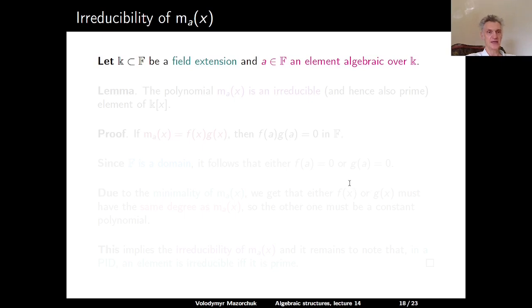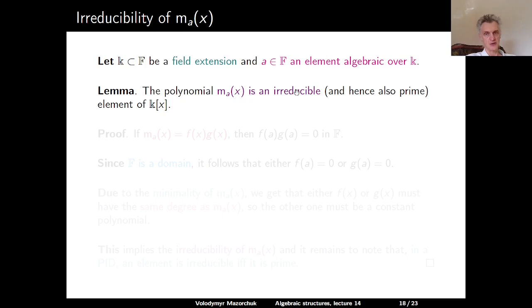So let k inside F be a field extension, and A an element in F which is algebraic over k. Lemma: the minimal polynomial of A is an irreducible element of the ring of all polynomials with coefficients in k. And since it's irreducible, it's also prime.